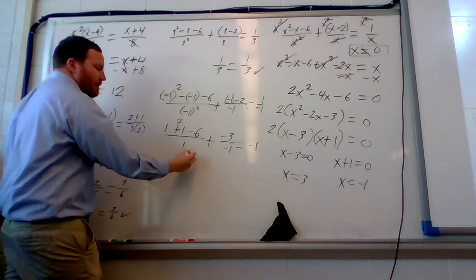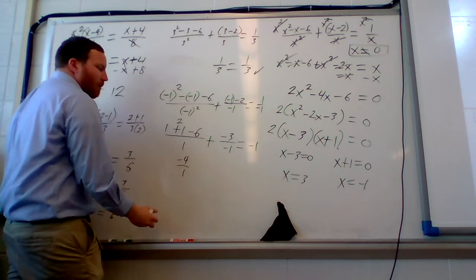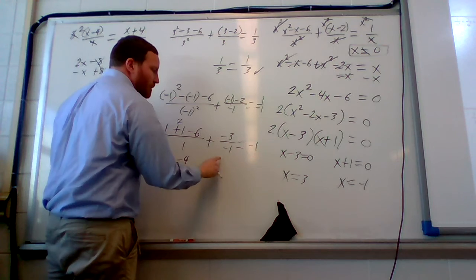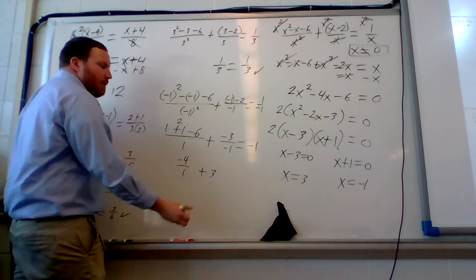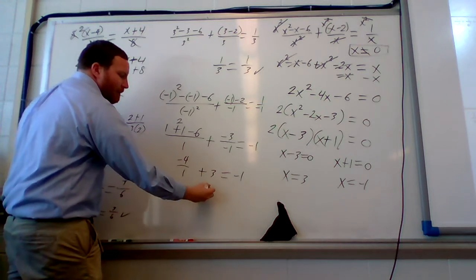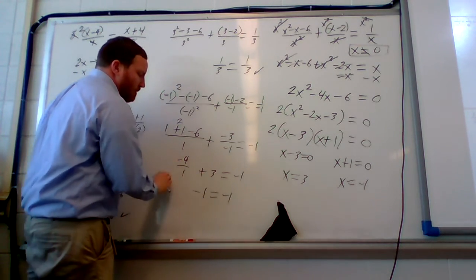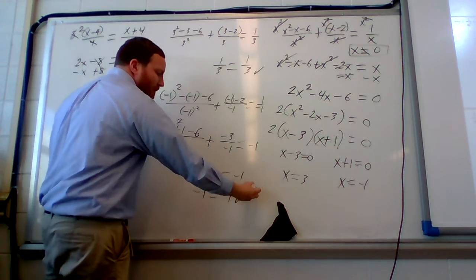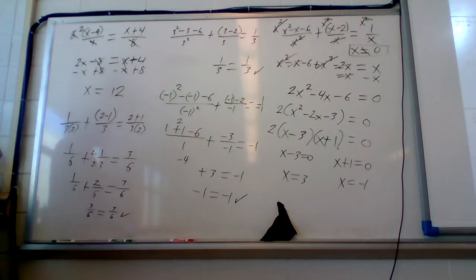Minus 6 is going to get you negative 4 over 1. Essentially minus a negative is a plus 3, actually, negative over negative. And negative 4 plus 3 gets you negative 1. And negative 4 divided by 1 is just negative 4. So negative 1 does equal negative 1. Okay. So that also checks out. So both of those solutions are true. Neither is extraneous.